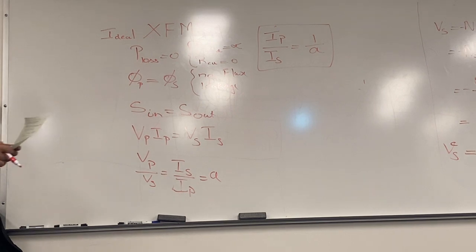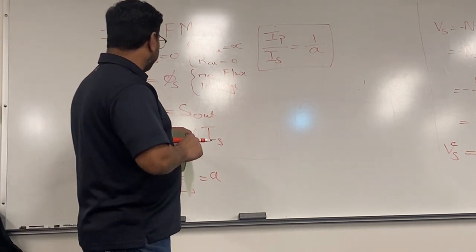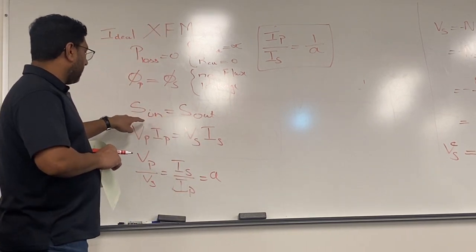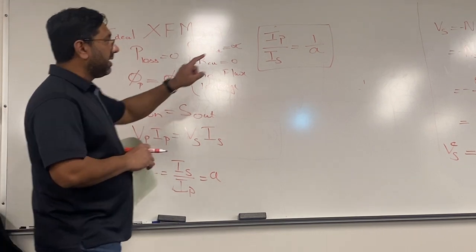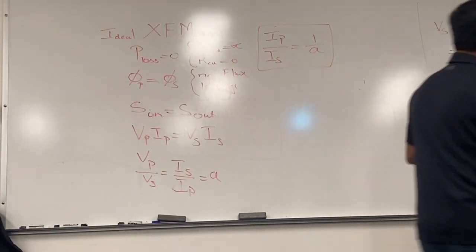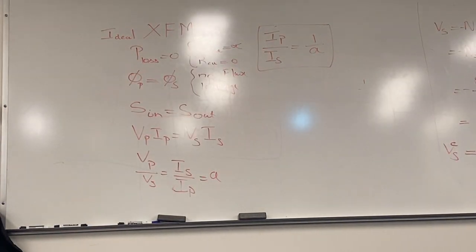I asked you to look at the flux, the voltage, and then, oh, this is important. Sorry, in fact, from here. So this you just need to know. Even if you forget the derivations, that's fine.